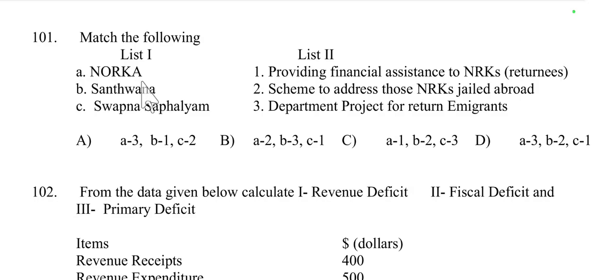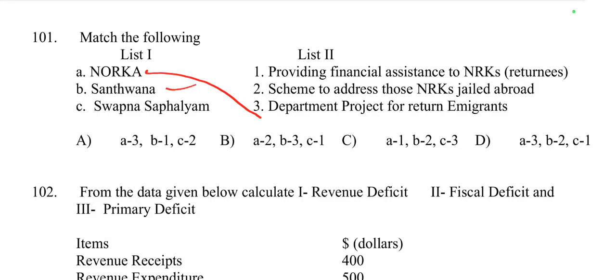So NORKA, it is related with the department project for return immigrants, because NORKA means Non-Resident Keralites Affairs. Then Santhavana, it is related with providing financial assistance to NRKs, non-resident Keralites.